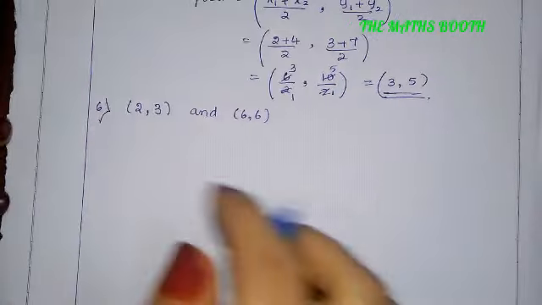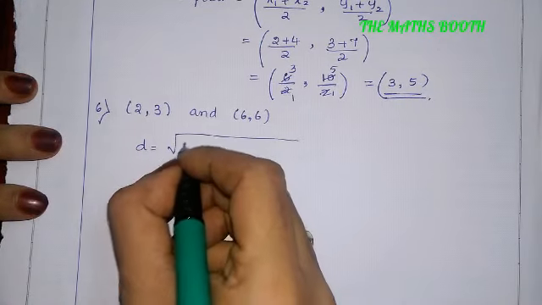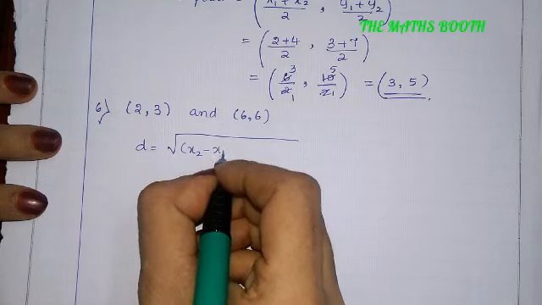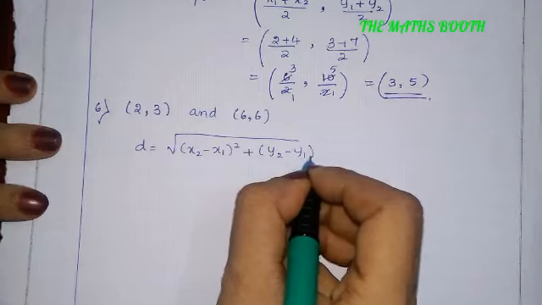Now distance. We know the distance formula, d is equal to root of x2 minus x1 whole square plus y2 minus y1 whole square.